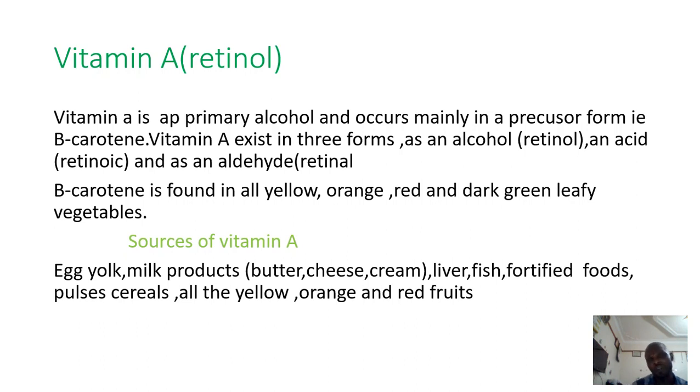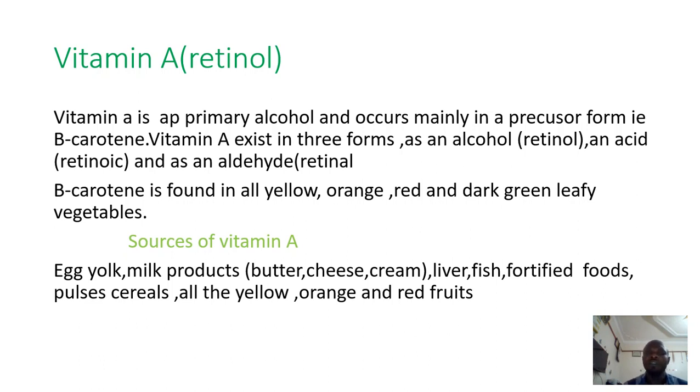But why darker green vegetables and the others we are saying they are yellow, orange, or red? It's because the chlorophyll masks the yellow, the orange, and the red color in these dark green vegetables, and it cannot easily be seen. But when you enjoy such foods, you at least get the vitamin at the end of the day.